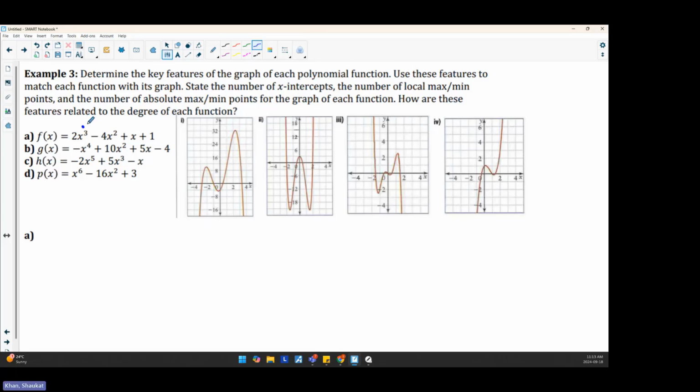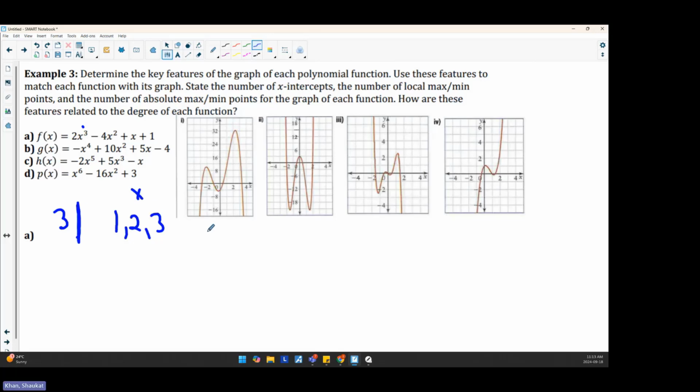We know the first one is odd. So an odd degree of 3 can have x-intercepts of 1, 2, or 3. Possible x-intercepts, we know that.